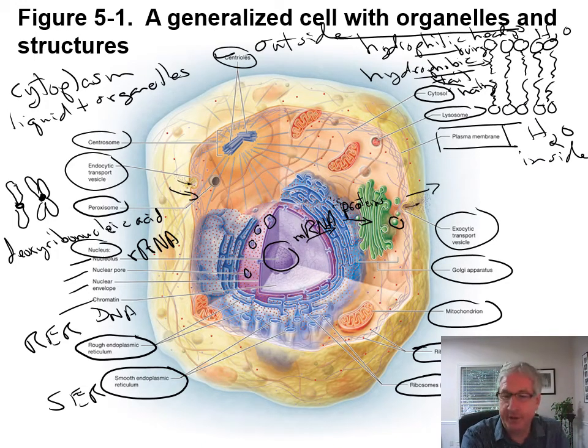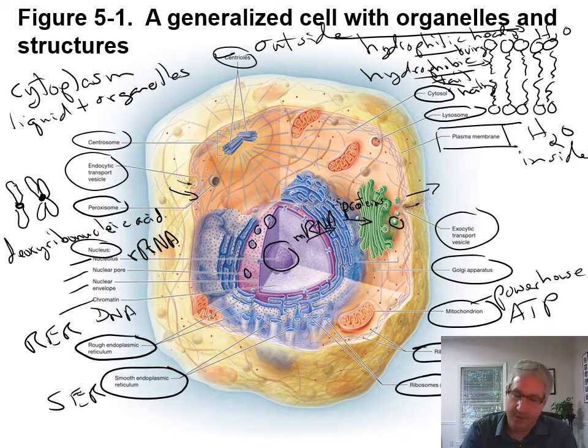The mitochondrion, go back to it. This is usually called the powerhouse of the cell. Okay, and it makes what's called ATP, or adenosine triphosphate. And that's used as an energy storage. That's an energy storage molecule, and so it can release energy when needed by the cell.